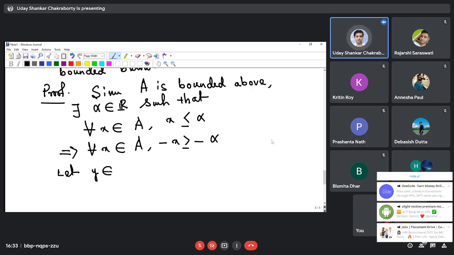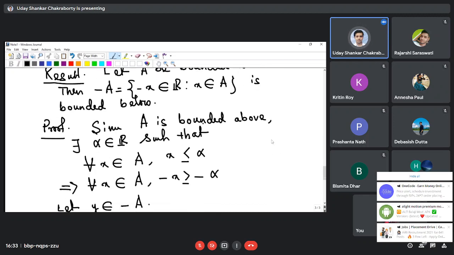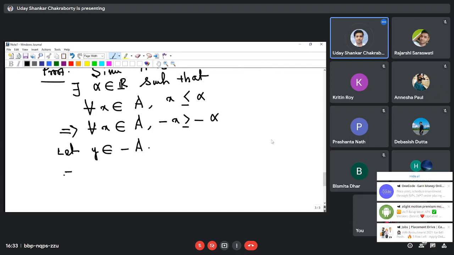Take any element. Let y belong to minus A. But if y belongs to minus A, as I defined just above, minus A contains all real numbers y such that there exists some x in A such that y is minus x. That means there exists x belonging to A such that y equals minus x.